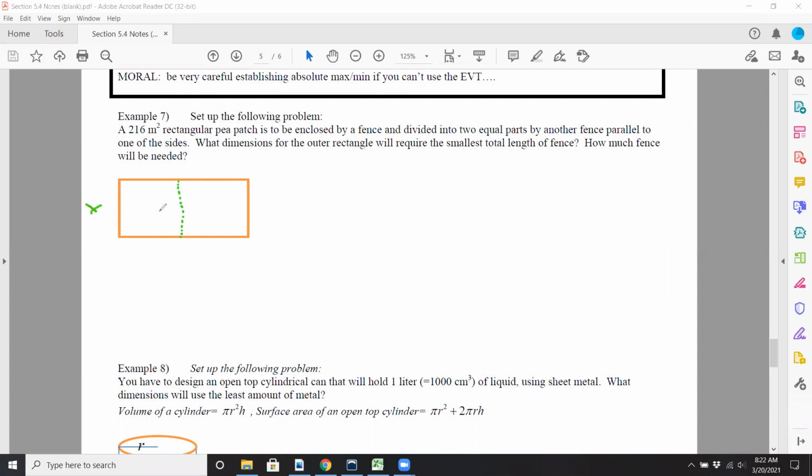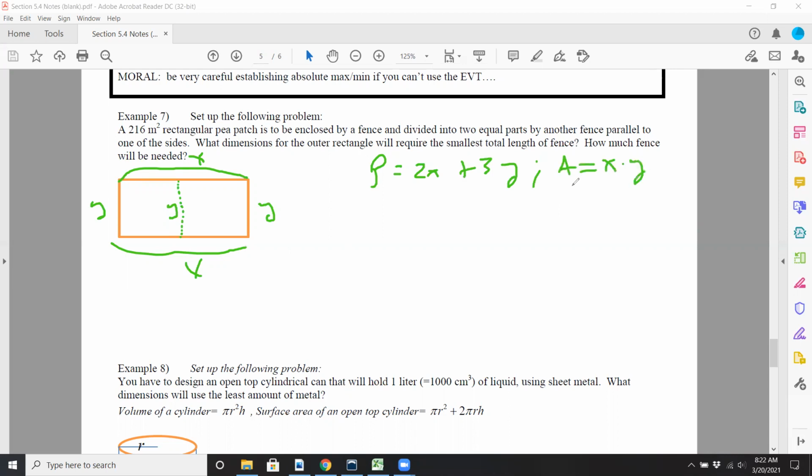I'll call this y, y, y, and I'll call this x, x. So our perimeter is going to be 2x plus 3y. Our area is x times y, or 216 equals x times y.